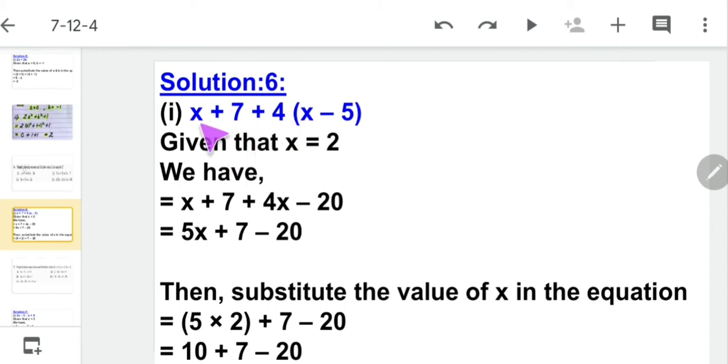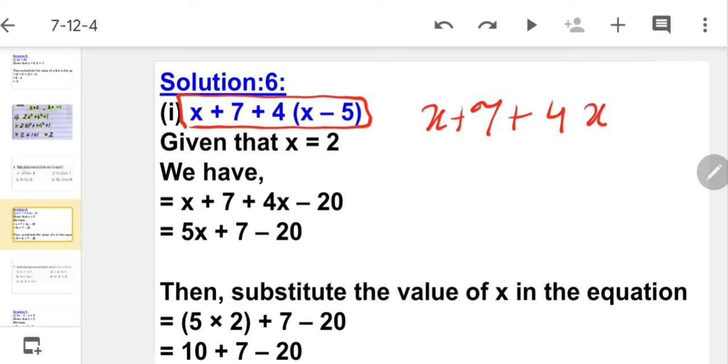Okay. So let's see the few parts of this question. You can see the first part is x plus 7 plus 4 times x minus 5. So as we know that the value of x is 2, we have to put 2 in place of x. Before doing so, we can simplify the given expression.